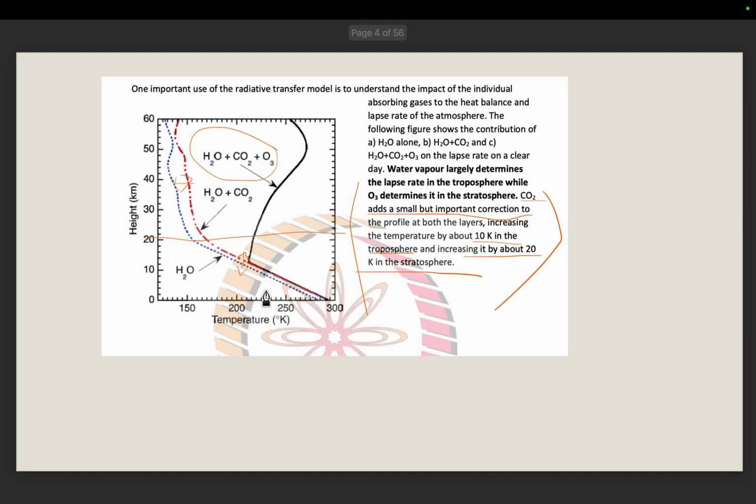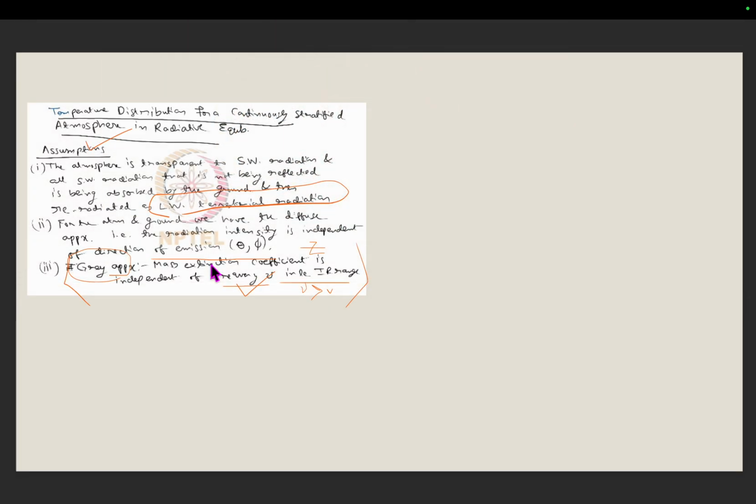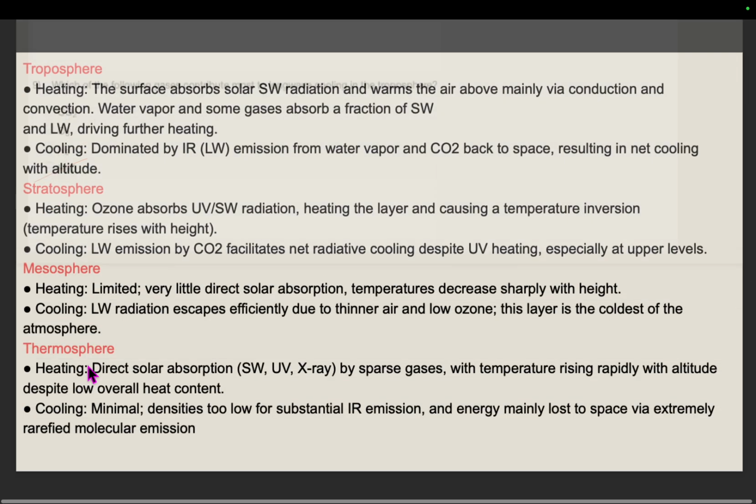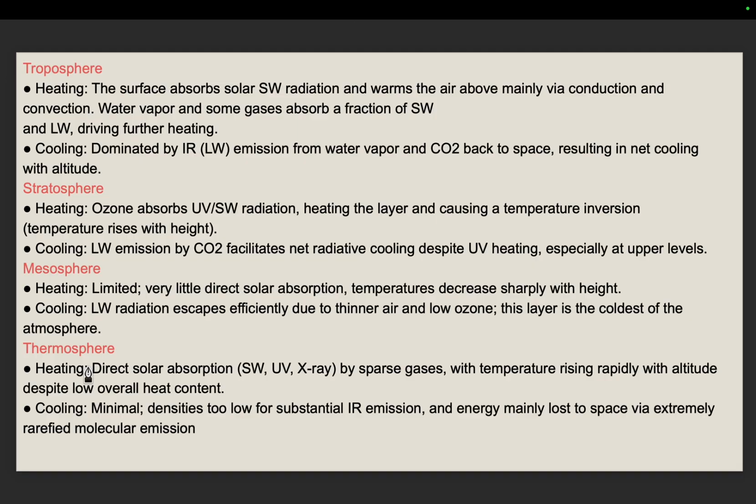We saw that H2O is the lowest, so H2O mainly contributes to the long wave cooling in the troposphere.